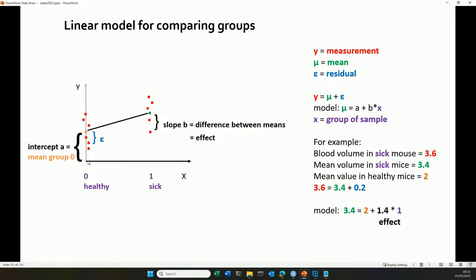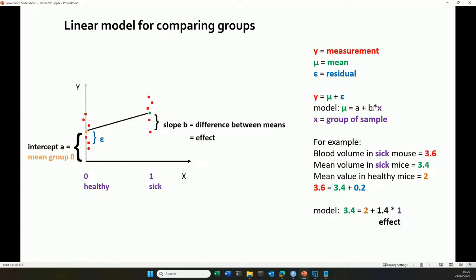So A is the distance from here to the line. And since the line will go through the means of the two groups, the intercept, or A, is now nothing else than the mean of your first group.